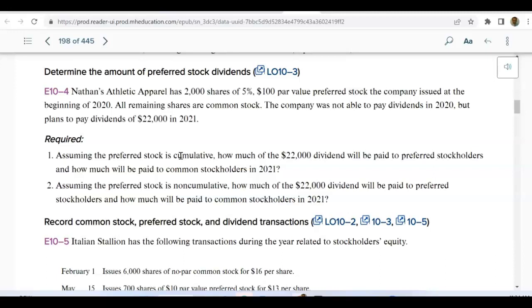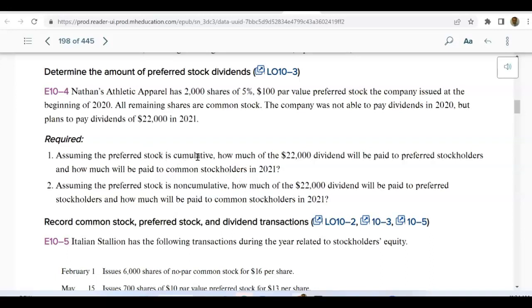However, if it is non-cumulative preferred stock and they didn't get any dividend in year one, then it's lost. In year two, as soon as a dividend is declared, all they get is just the year two dividend. That's it. Year one is history. So cumulative preferred stock is much better than non-cumulative preferred stock.